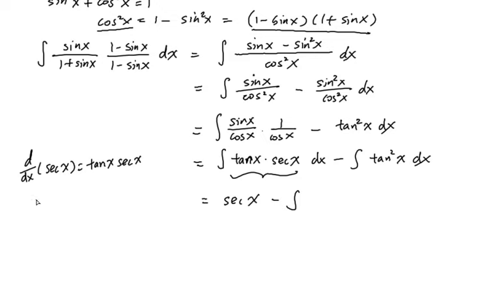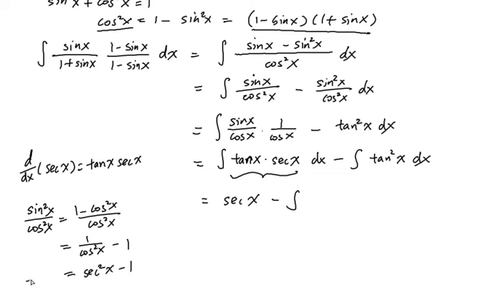How does tangent squared x relate to secant squared x? Since I don't remember, I'm just going to derive it here quickly. It can be written as 1 minus cosine squared x over cosine squared x, which is 1 over cosine squared x minus 1. Okay, so it's secant squared x minus 1. So tangent squared is equal to secant squared minus 1.